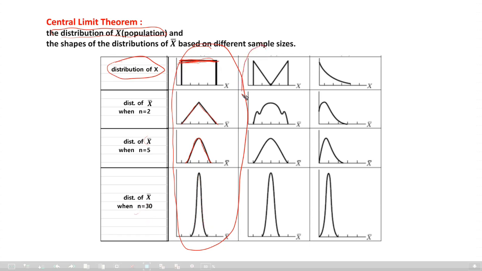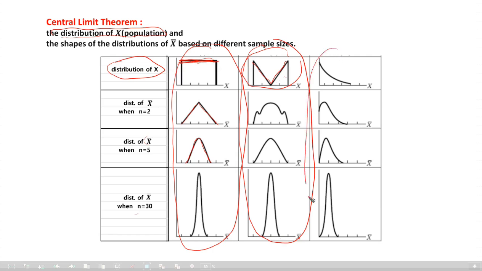When the population has a distribution this way, then n equal to 2 gives this shape, a little like an ice cream, and n equal to 5 becomes this way. And n equal to 30 from this population is very likely a normal distribution.